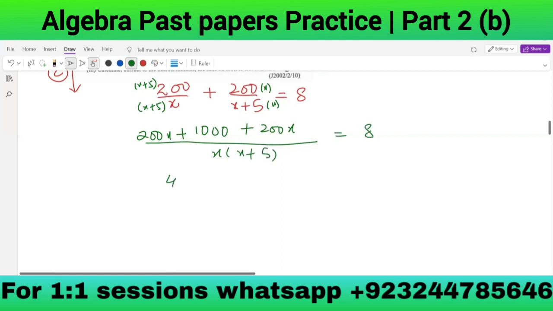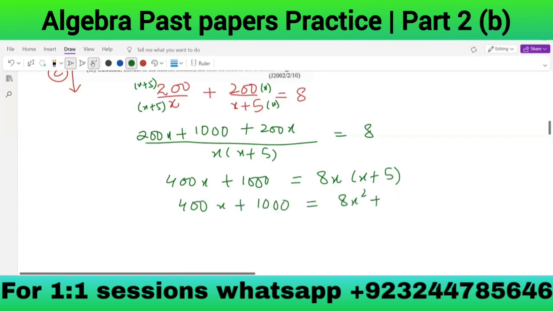So 400x plus 1000 is equal to 8x into x plus 5. 400x plus 1000 is equal to 8x squared plus 8 fives are 40x. So we have 8x squared plus 40x minus 400x minus 1000, which is equal to 0.